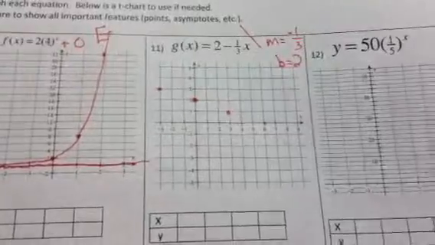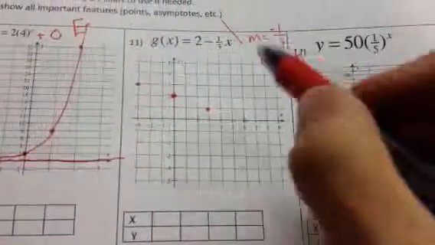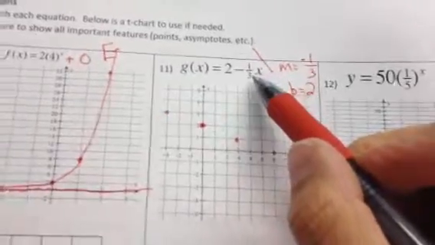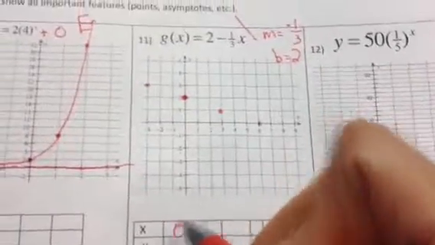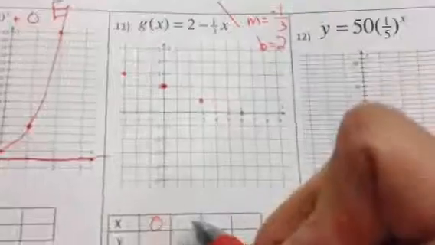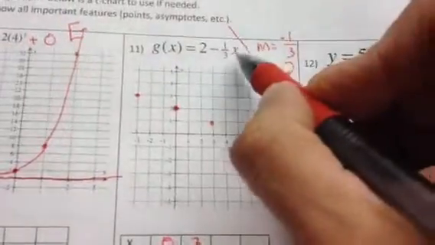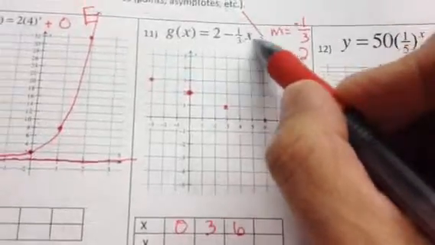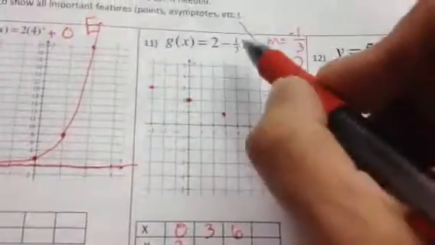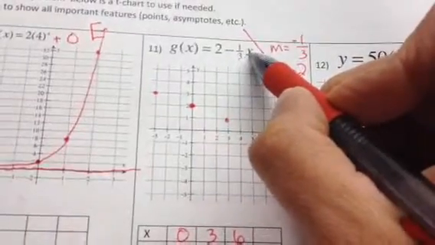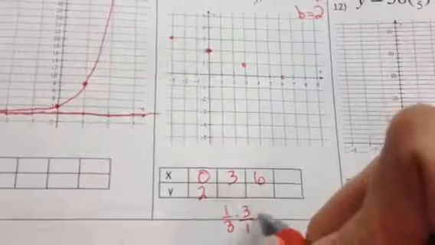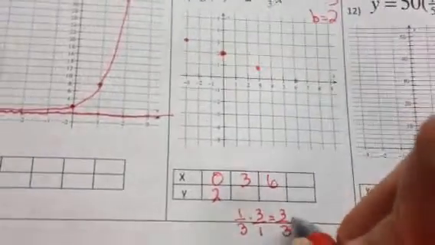If you're going to pick points, remember you have to pick numbers that would multiply well with 1/3. So 0 would multiply well with 1/3. 3 would multiply well with 1/3. 6 would. So for instance, if you put 0 in there, 1/3 times 0 is 0, and 2 minus 0 is 2. If I put 3 in there, 1/3 of 3, that's just 3 over 3, that's 1.